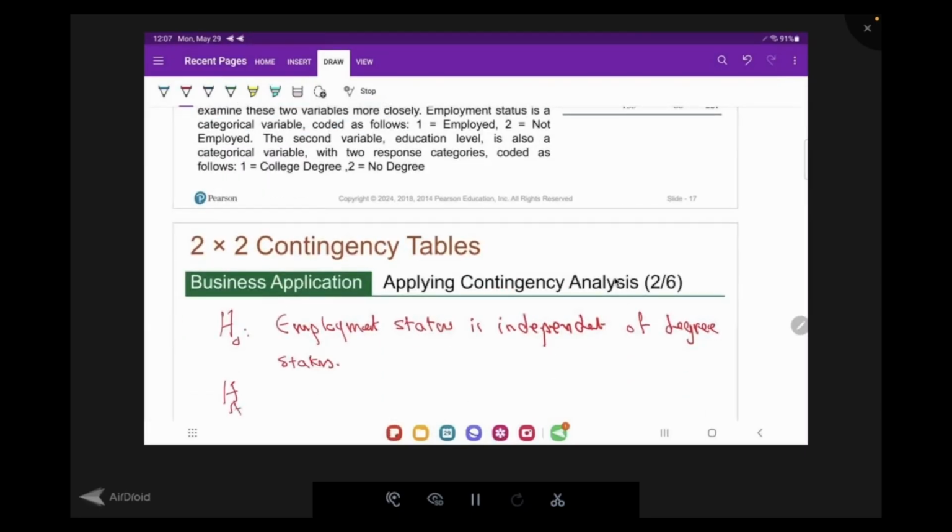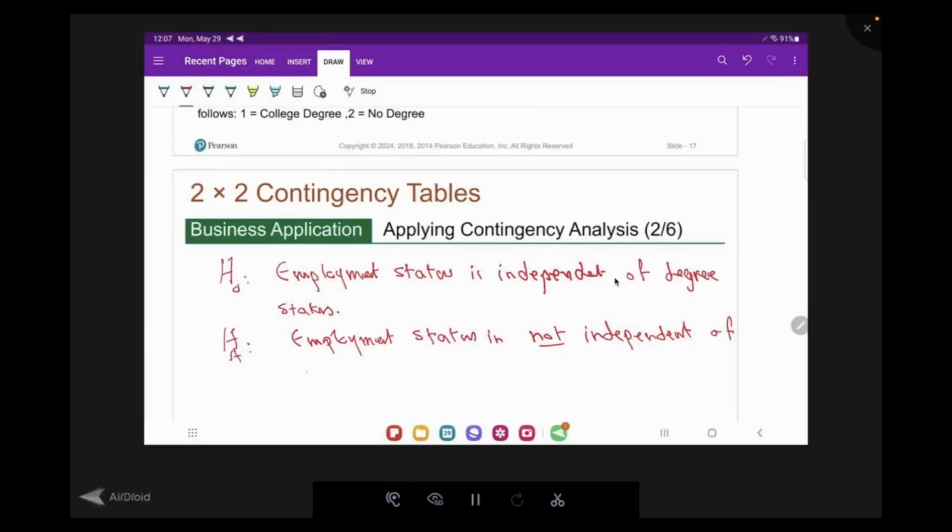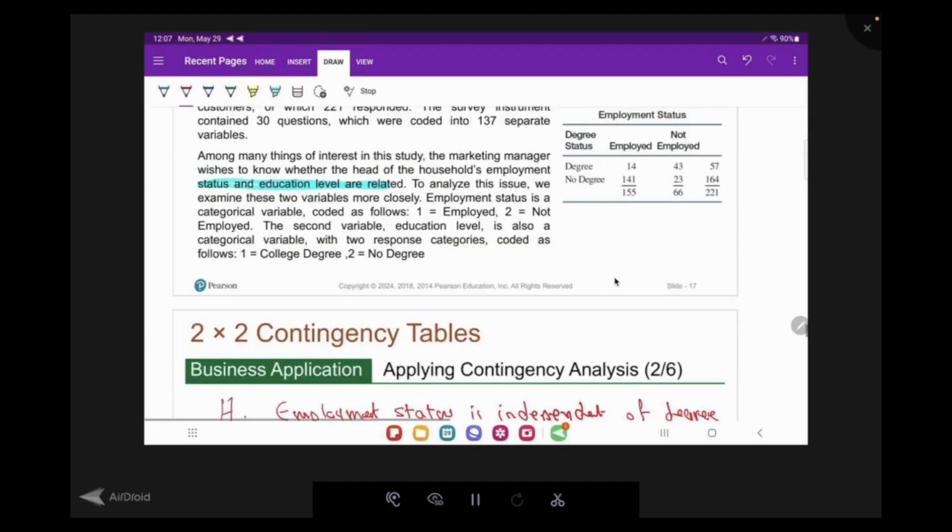However, the alternative hypothesis is that employment status is not independent of degree status. So he wishes to know whether these 2 variables are related or not.